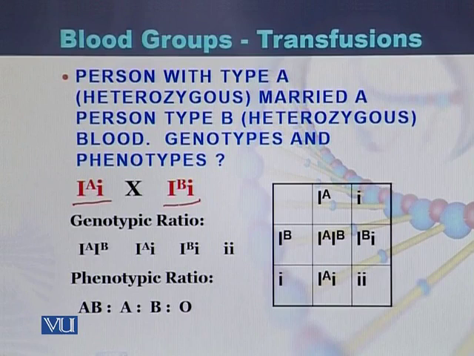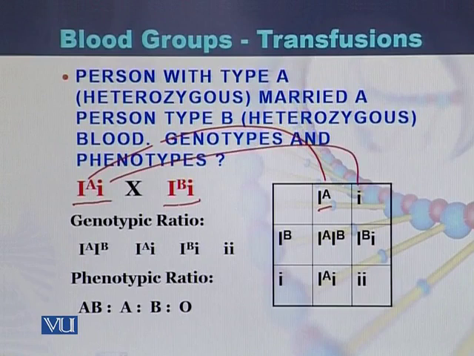If we work out the genotypes, one person has two alleles, allele IA and allele i, while the second individual has allele IB and allele i.